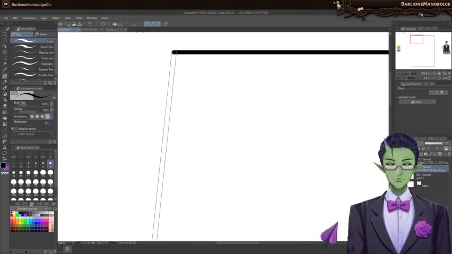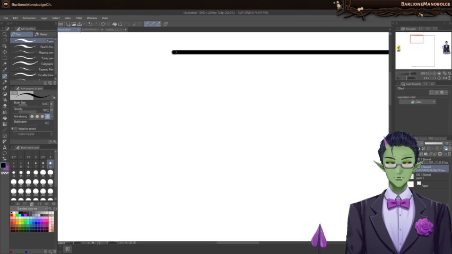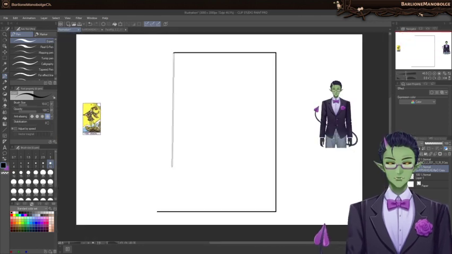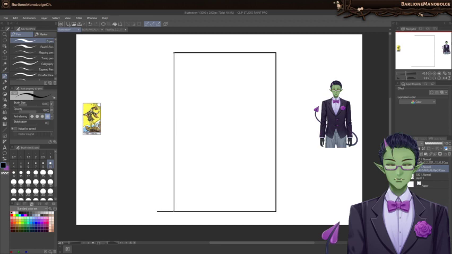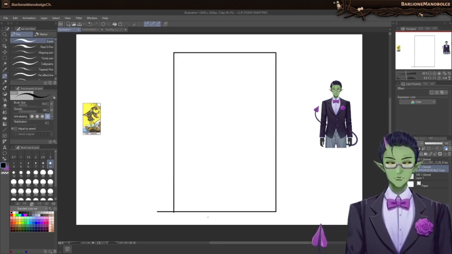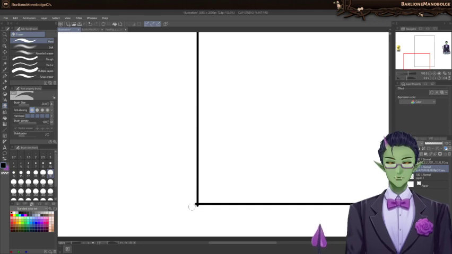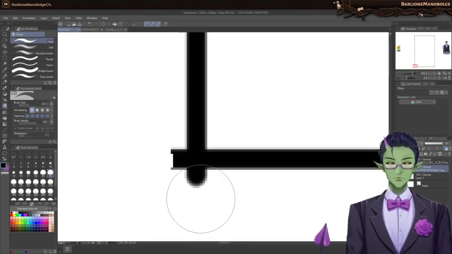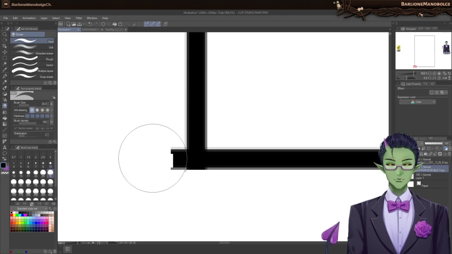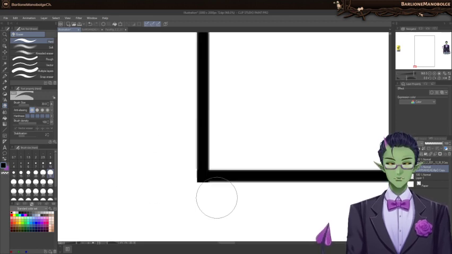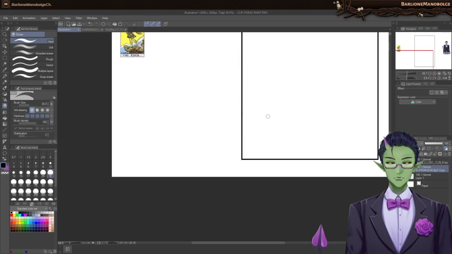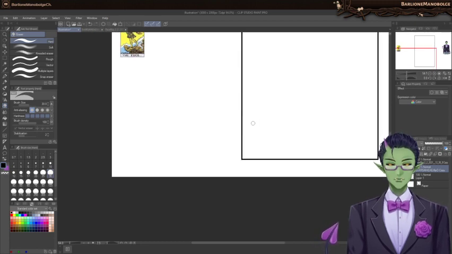Now to measure up pixel perfect, place a dot, make a line. While I'm still working with the mouse, get in for some exact tracing. There we go. Alright. So, I can start.